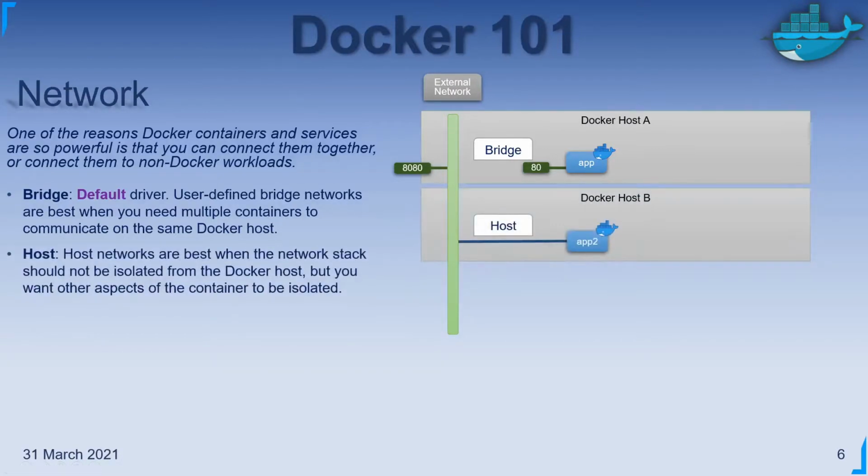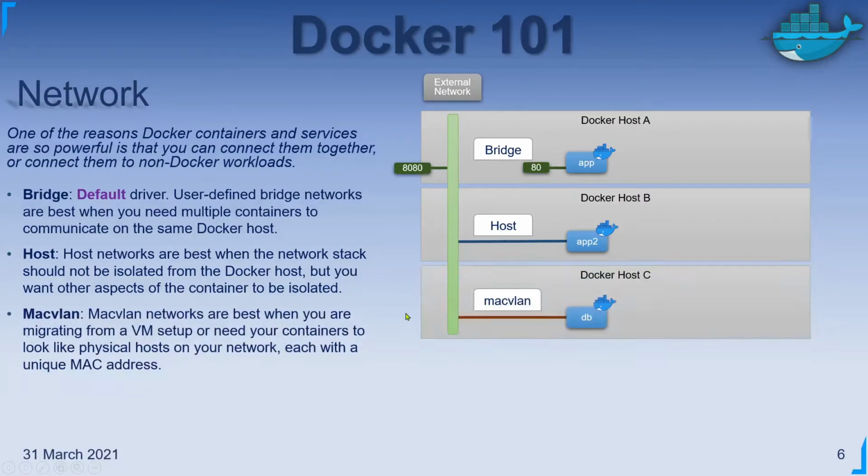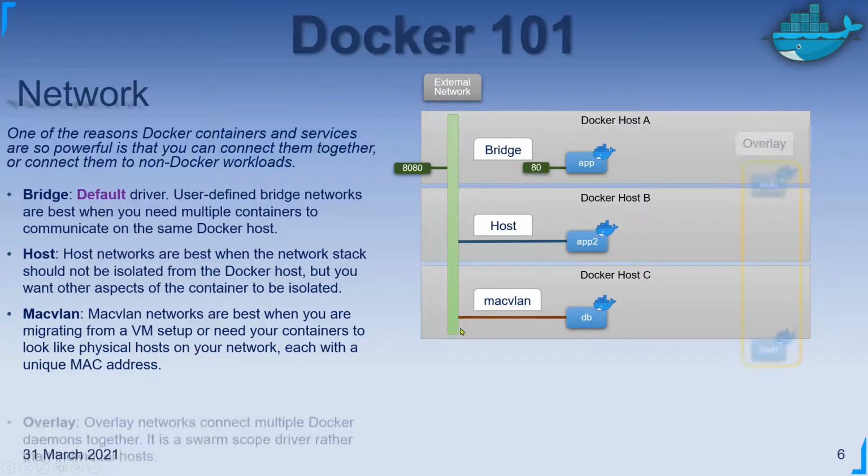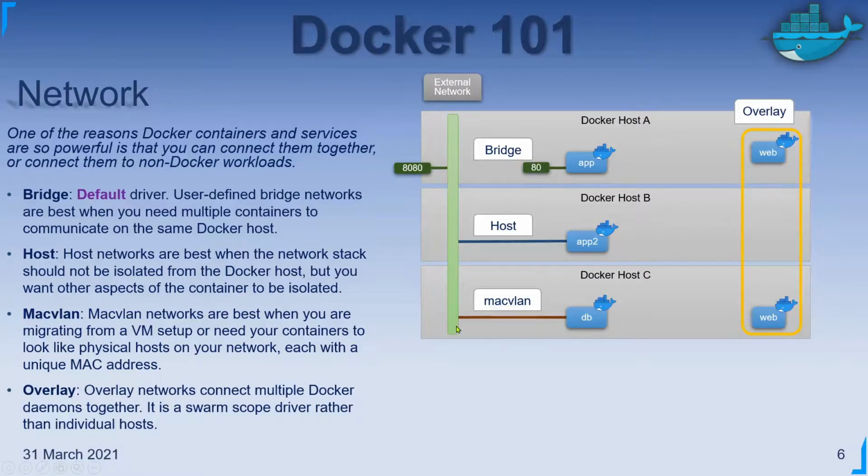Host networks are useful when you don't want to isolate the networking part of the container from the host. Macvlan, on the other hand, assigns a unique MAC address to the container and makes it look like a physical host. Overlay networks connect multiple Docker hosts and are a swarm scope driver rather than for individual hosts.